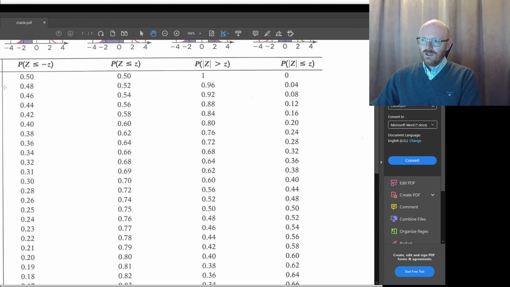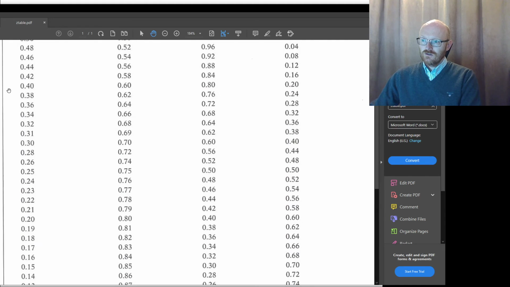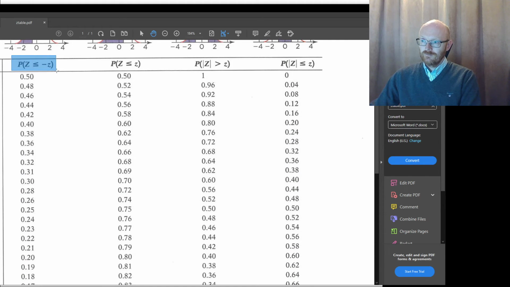So what we have to do then is to look at this column. We want the probability, or the area under the curve, to be less than 0.01, or 1%.